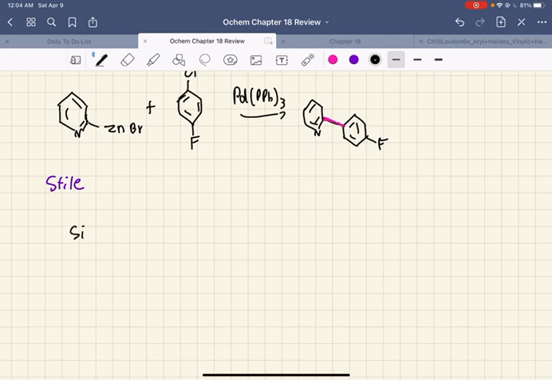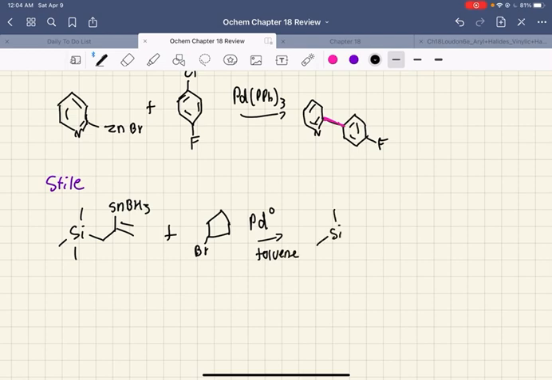So here we'll have a silicon. Pd0, toluene, and it will couple in this manner.